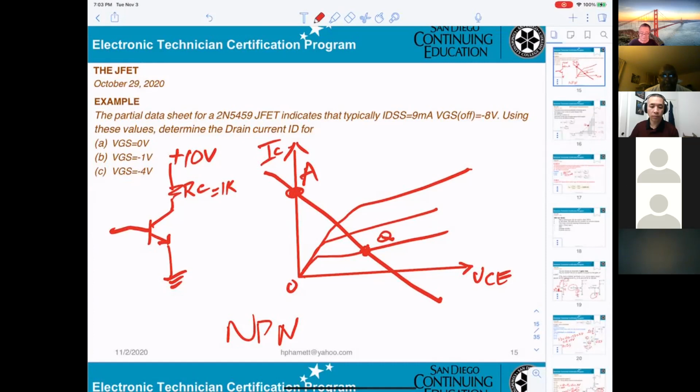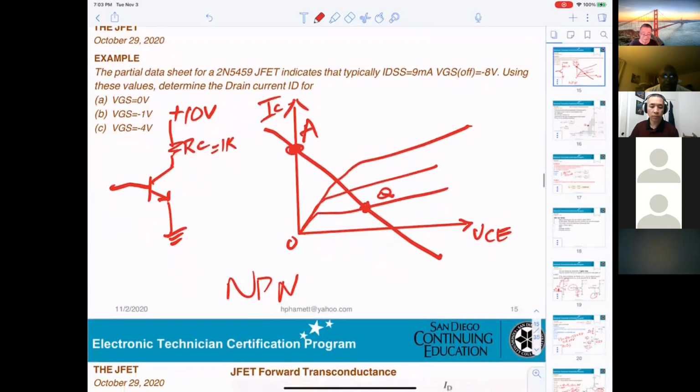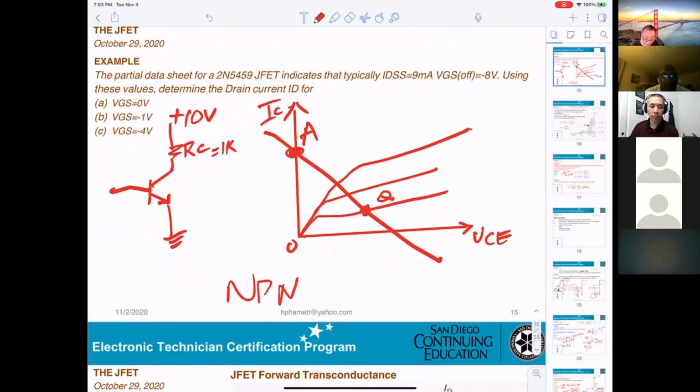That's what I want to make sure you understand. At this point, tell me what VCE equals. It'd be 10. Now I ask the question: at this point A, what does VCE equal? 0. Perfect.